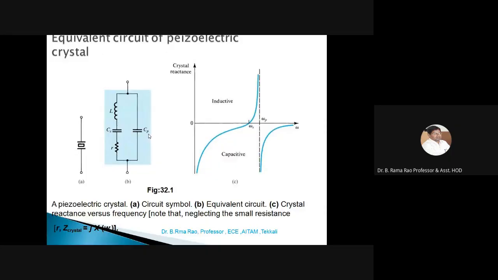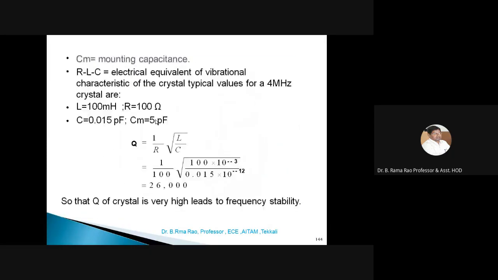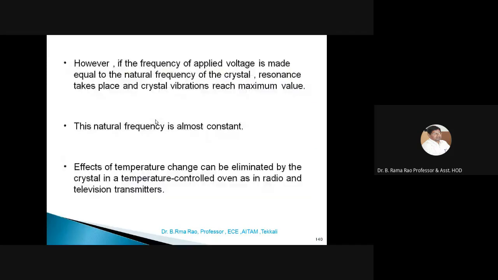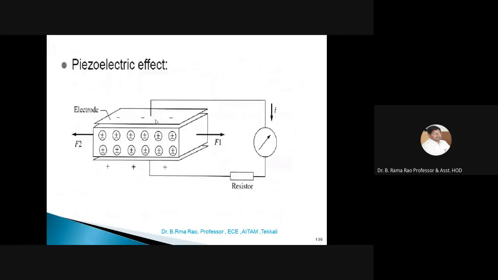So the three elements R, L, C are the characteristics of the natural crystal, and the Cp is the capacitance of the two electrodes supporting the crystal. Suppose we are going to operate the crystal as an oscillator; the crystal has to be supported by these two electrodes.